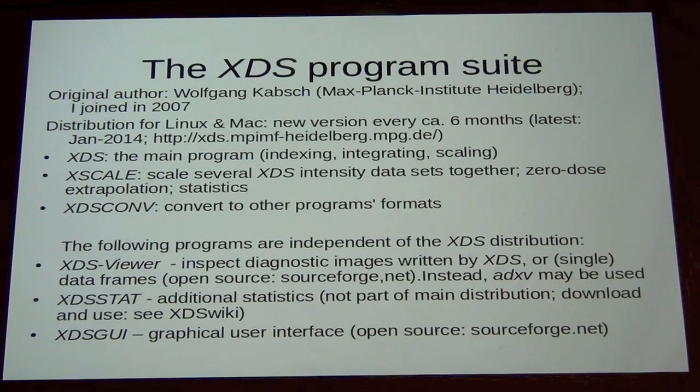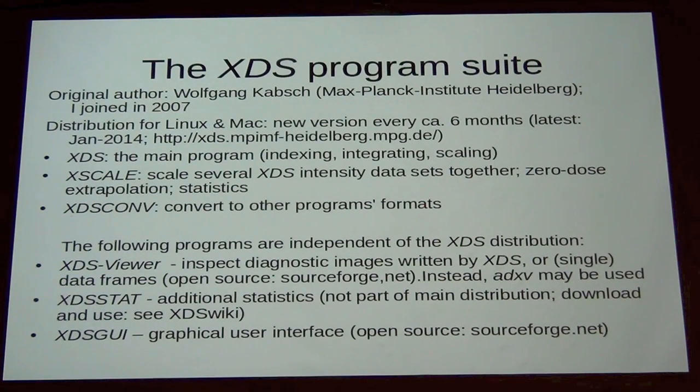You can also do zero-dose extrapolation, which sometimes gives spectacular results to compensate for radiation damage. I suggest trying it if you have good data with high multiplicity but a weak anomalous signal that may be affected by radiation damage. Then it's something to try, but it's not really a default.